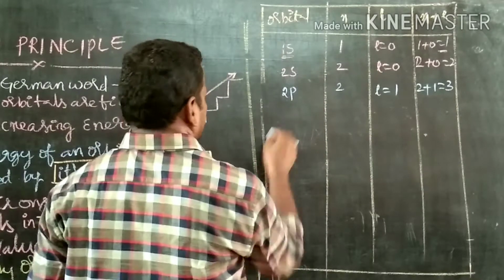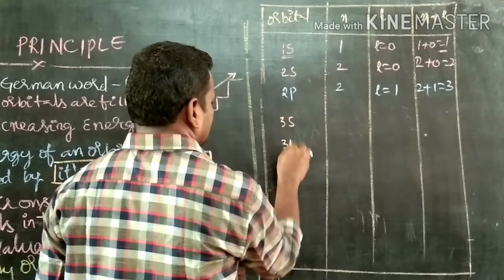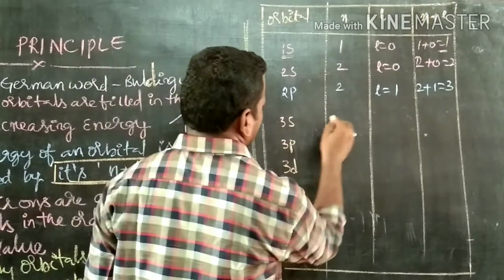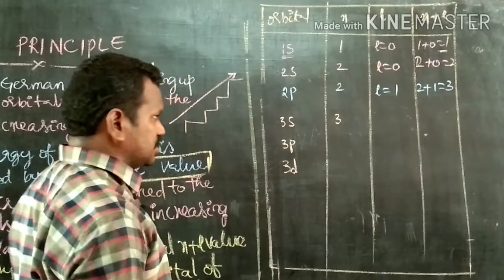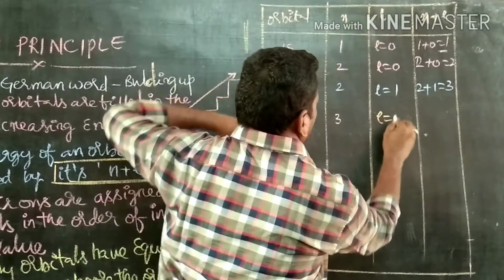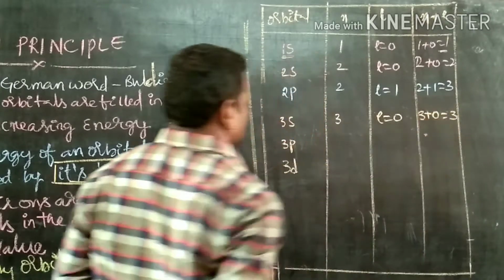Now let us come to main level 3. As we already know, main level 3 contains 3s, 3p and 3d. Let us calculate the energy of these orbitals. Here the principal quantum number is 3. For s, angular momentum quantum number l is equal to 0. Now 3 plus 0 is equal to 3.